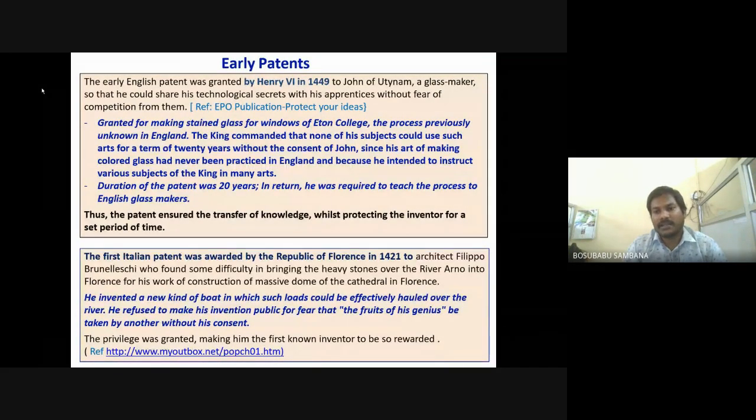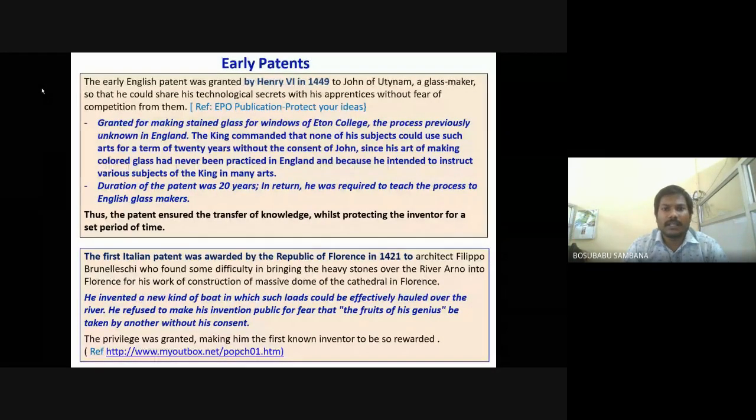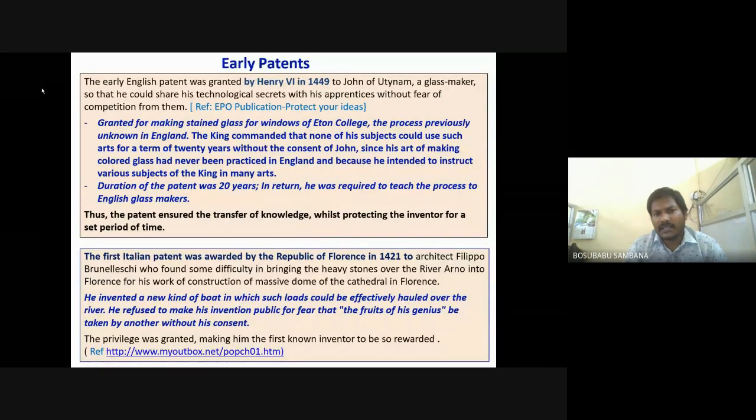Then the glass mechanism later made a big revolutionary contribution to optical fiber and optics in physics, so that he could share his technological secrets with apprentices without fear of competition from them. The patent was granted for making stained glass for the windows of Eton College, a process previously unknown in England. The king commanded that none of his subjects could use such arts for a term of 20 years without consent of John. This is the first patent in history.